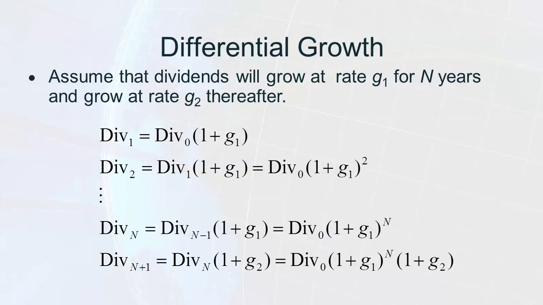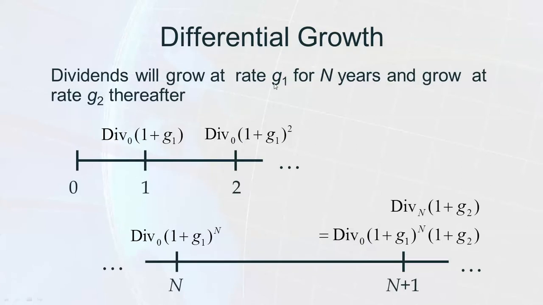Your first dividend, dividend 1, is going to be your dividend now times 1 plus g1, and dividend 2 is going to be dividend 1 times 1 plus g. In this case this g could be changing. Let's look at the example, maybe that's going to be clearer.